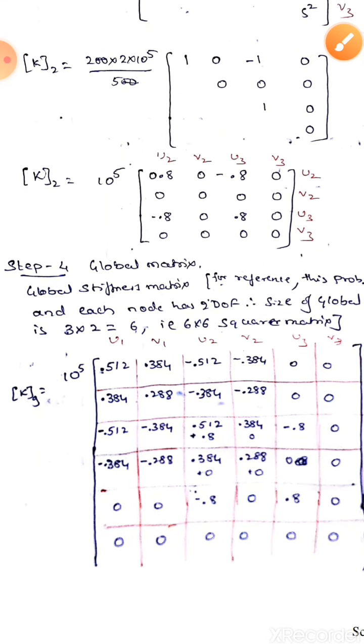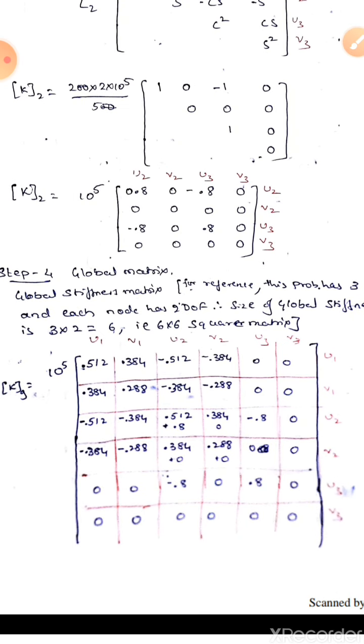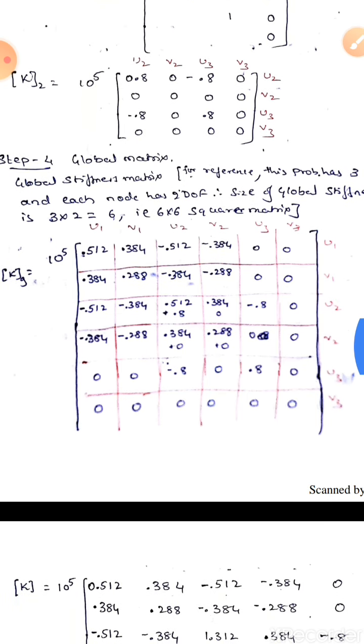Now, after writing this element stiffness matrix, our next step is to write the global stiffness matrix. I'll recall one more point which I told you during the properties of the global stiffness matrix. The size of the global stiffness matrix is equal to the number of nodes in the structure multiplied by the degrees of freedom for each node.